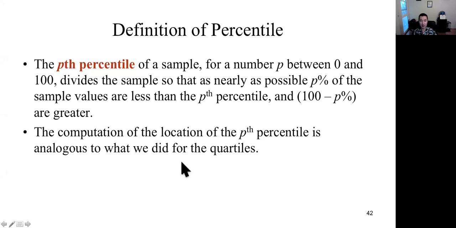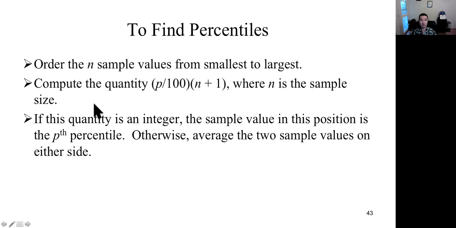Similar to what we calculated for quartiles, first we order the sample, of size n, from the smallest to the largest. Then we calculate the quantity p over 100.